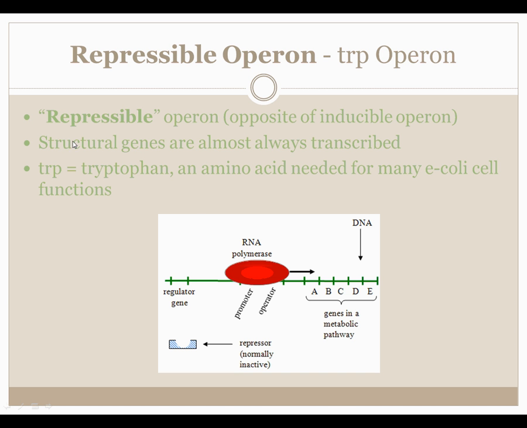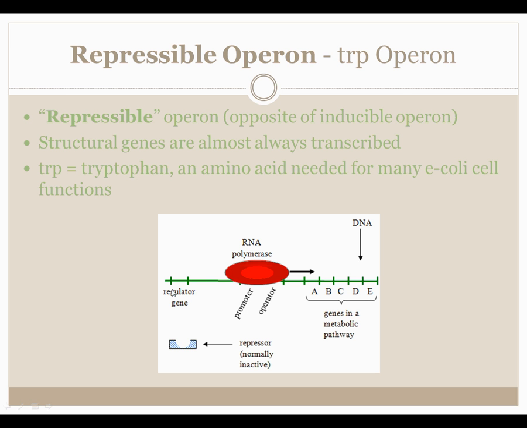So with the repressible, normally this is what's going to happen. These are the genes that are going to make, again, they're just being generic here, call them A, B, C, D, and E. They have more complex names. You don't have to worry about that. But normally what happens, it has a regulator gene, it has a promoter, it has an operator, but normally what's going on is we need tryptophan. We're using it a lot.